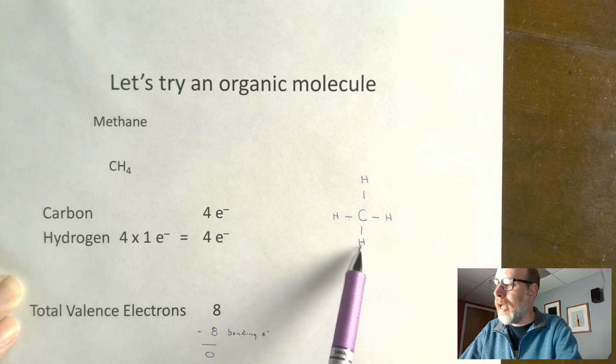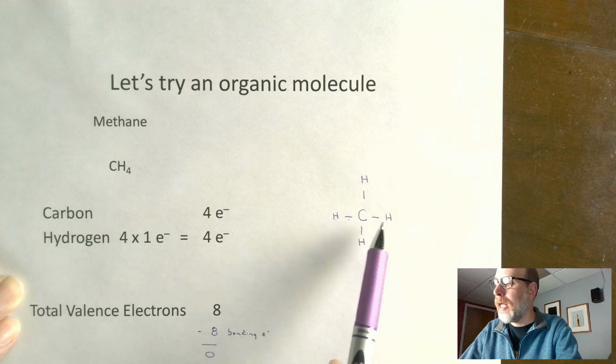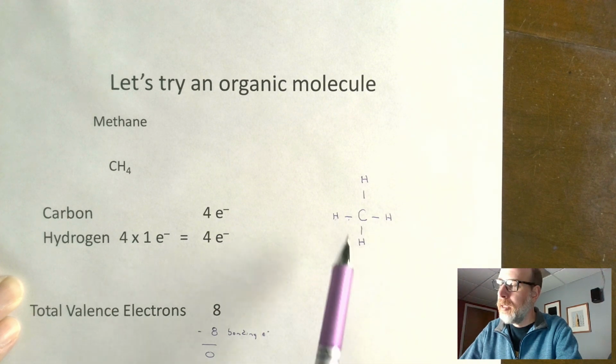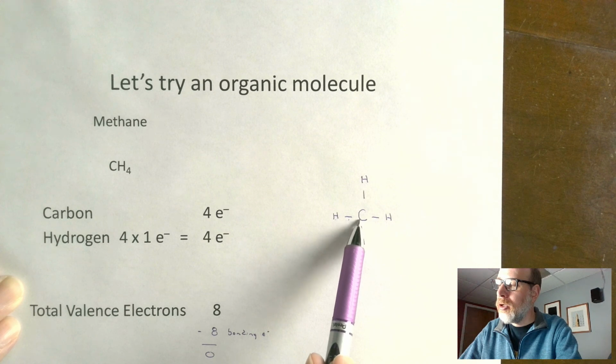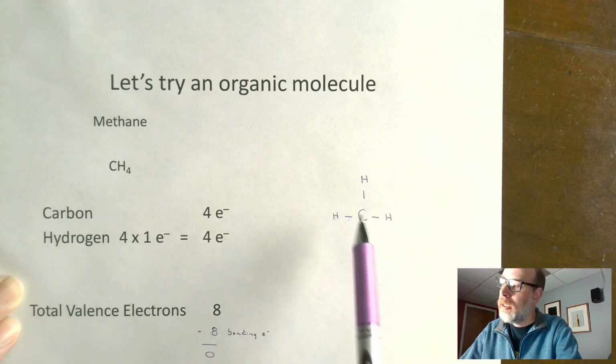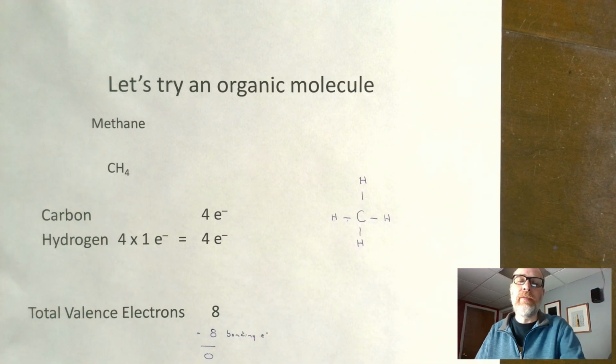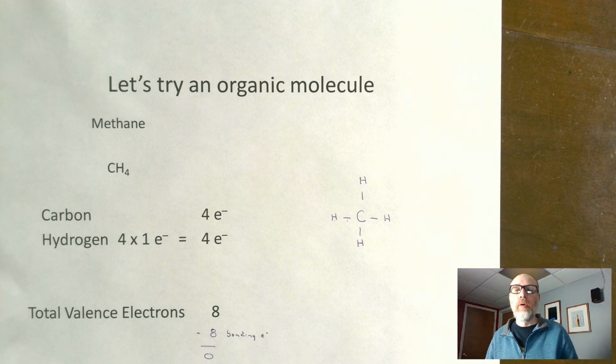This hydrogen has 2 electrons. Duet. This hydrogen has 2 electrons. It has its duet. Now for the octet, carbon, how many electrons would it need for an octet? 8. And it's got 2, 4, 6, 8. So we've drawn the valid Lewis structure for methane.